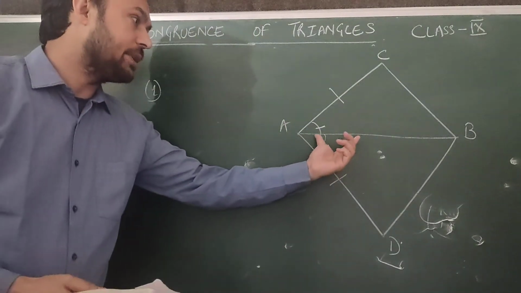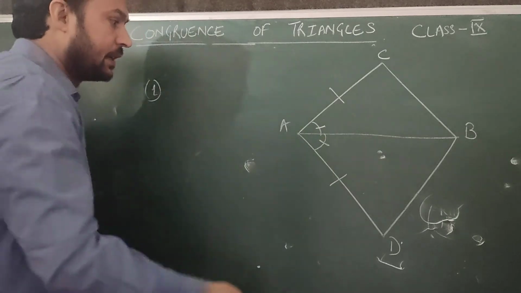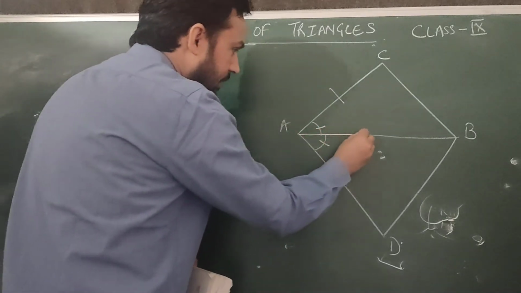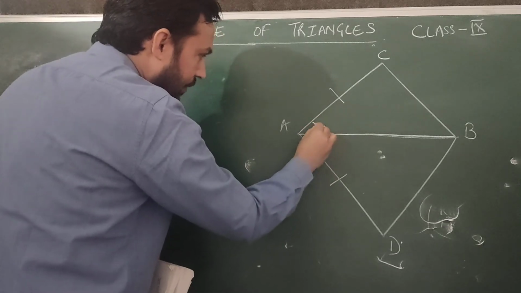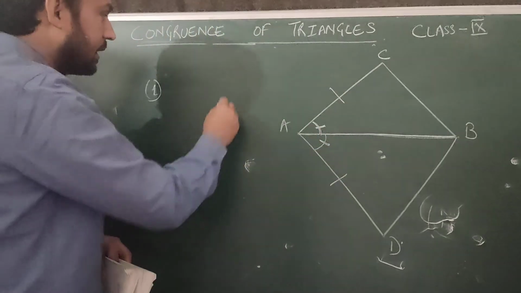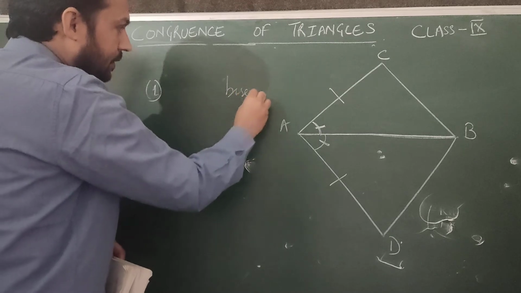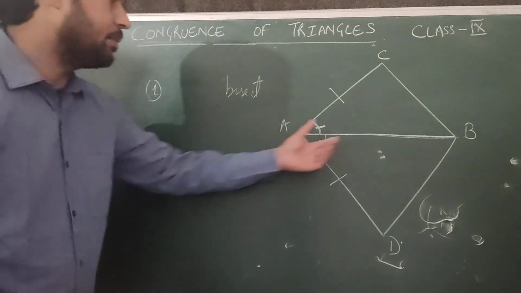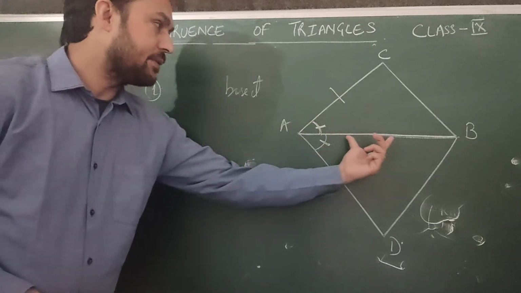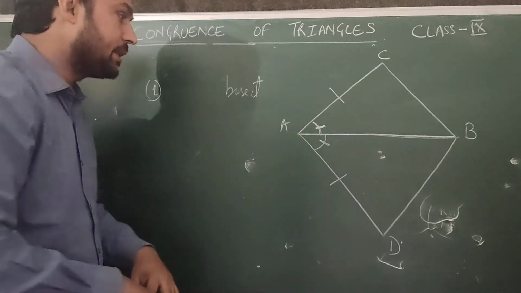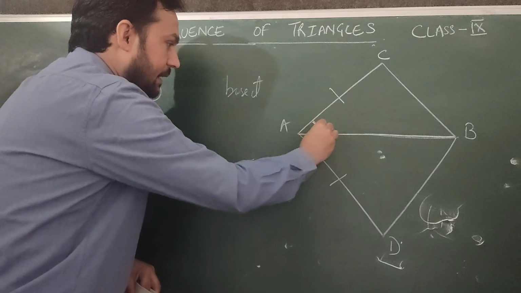What is the meaning of bisect? Bisect means this line segment AB is cutting this angle A into two equal parts. That's why they have used the word bisect. If they would have just said AB is a line, then we cannot say these two angles are equal. But since they have said AB bisects angle A, we can say this angle equals this.